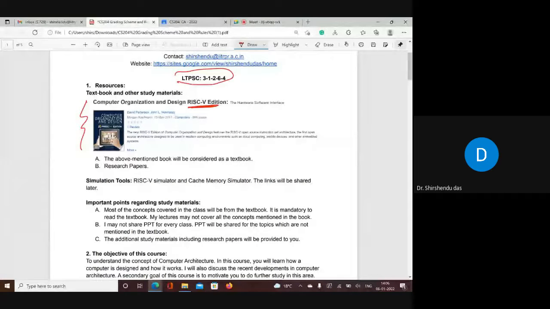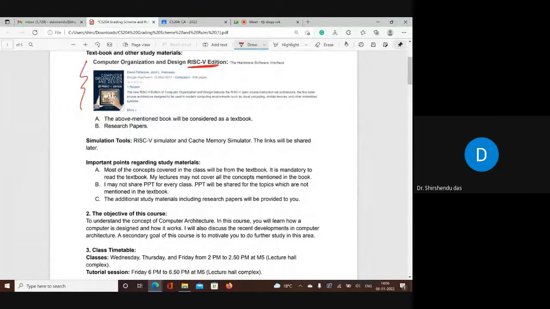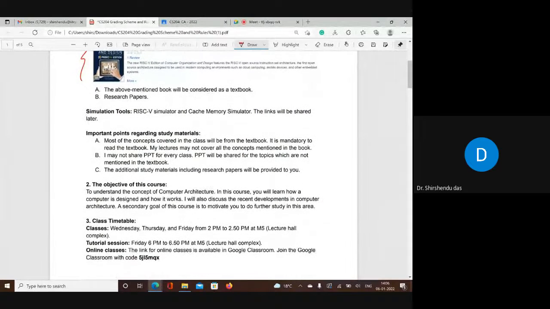This is the textbook for this course, and maybe I can also use some additional materials, mainly research papers and some book chapters, which will be provided to you later. For simulation or experiment lab work, you need 2 simulators.